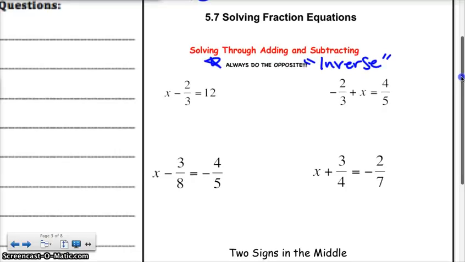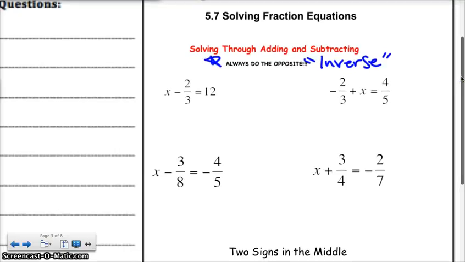x minus 2/3 equals 12. All right, so how do I subtract 2/3? What's the inverse of subtract? Add. So I'm going to add 2/3. I show add 2/3 on the other side. With anything with fractions, I show horizontally, not vertically, because vertically gets kind of long.